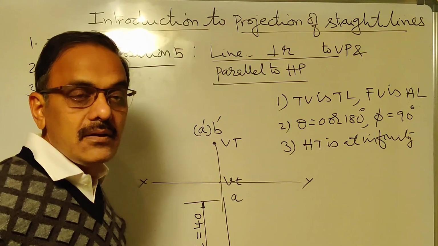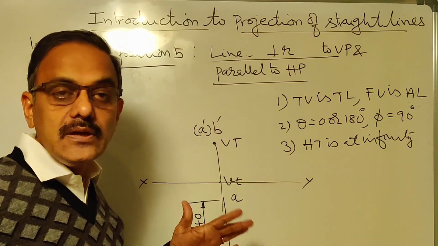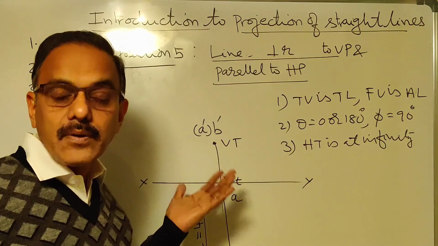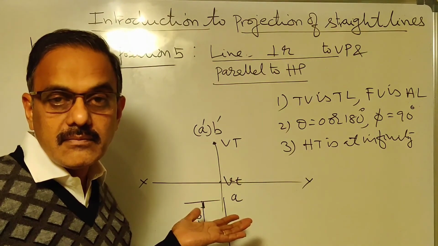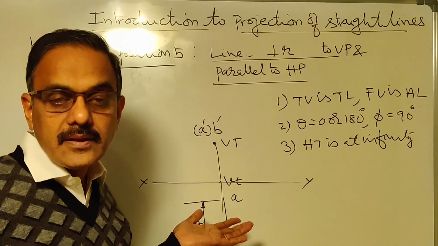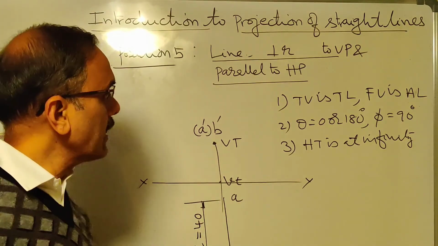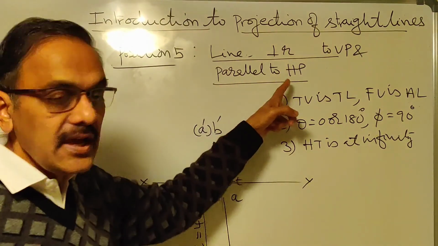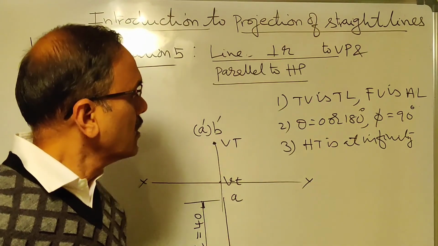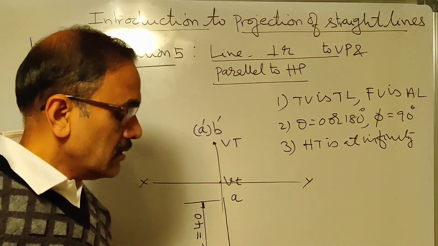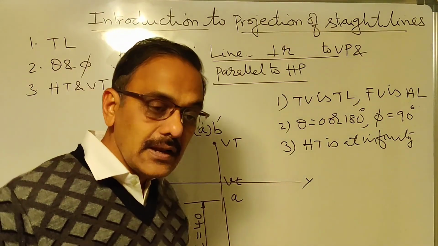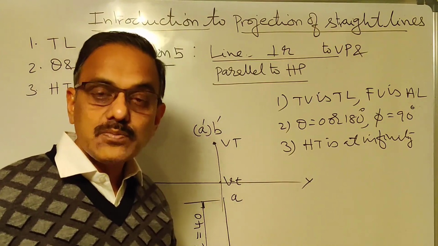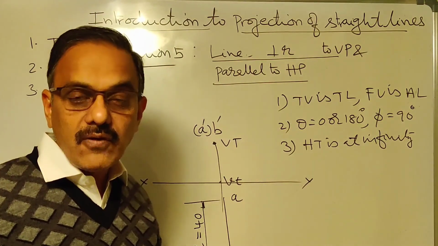And I made it either parallel to HP, inclined to HP, or perpendicular to HP. Then in the next 2 positions, I kept the line parallel to HP. Okay. So either the line was kept parallel to HP or VP in all the 5 positions.